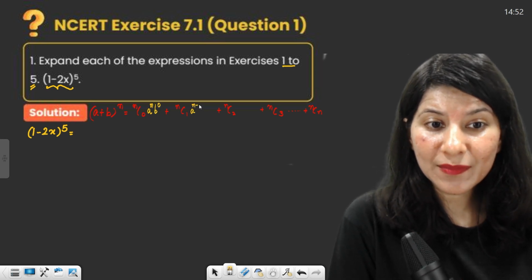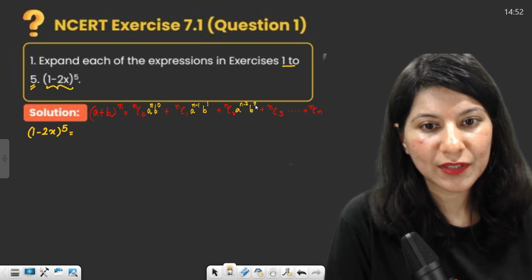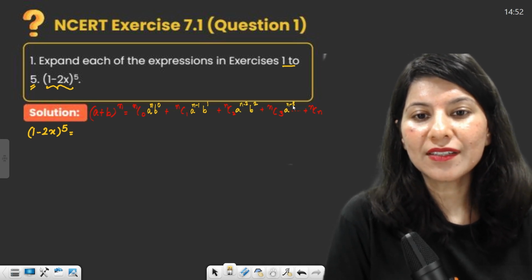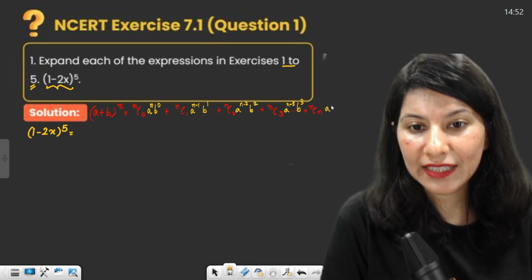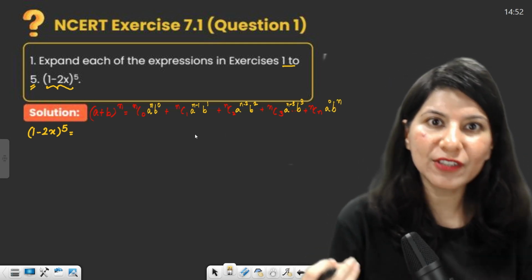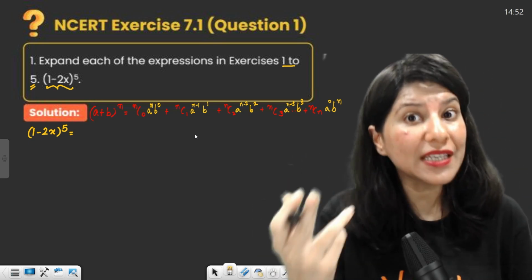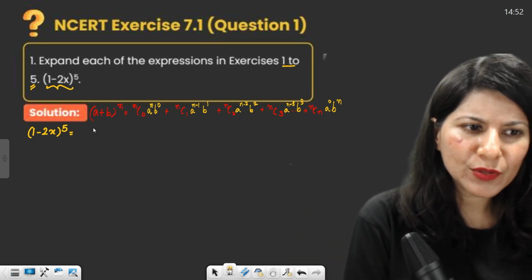Then a raised to power n minus 1, b raised to power 1. a raised to power n minus 2, b raised to power 2. a raised to power n minus 3, b cube, and a raised to power 0, b raised to power n. Can you see the powers of a are decreasing and powers of b are increasing? Same thing we are going to do over here.